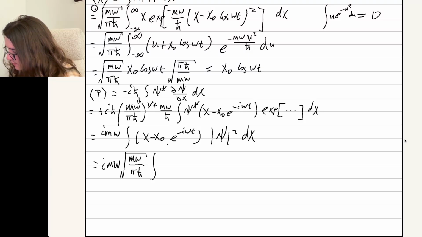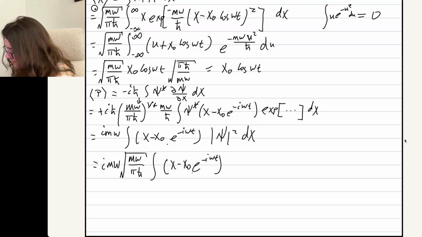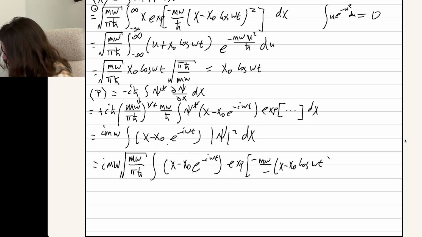We still have this integral, now of x minus x naught, e to the minus i omega t times the exponent, minus m omega over h bar, x minus x naught cosine omega t, squared.